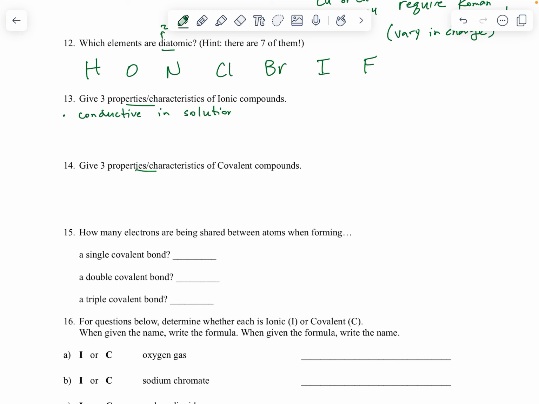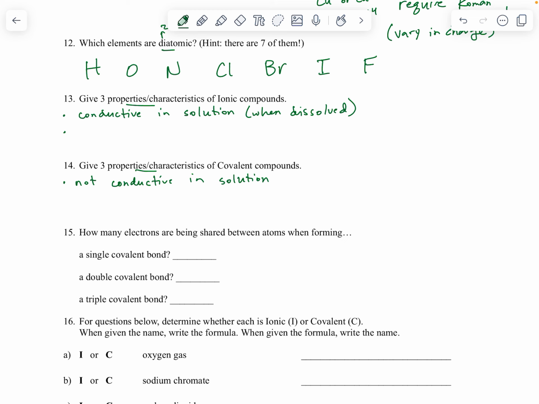And remember, we said that in solution means when it's dissolved, kind of like we did in our lab with sodium chloride, where the sodium actually ends up kind of breaking apart from the chlorine ions that are there, chloride ions, and that metal piece is what allows it to be conductive, because metals are conductive, which would mean that, of course, covalents are not conductive because they're only made up of nonmetals. So they're not conductive in solution.